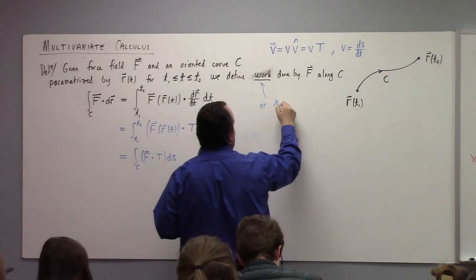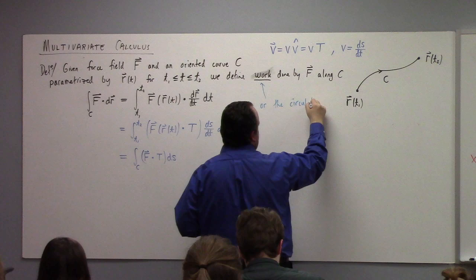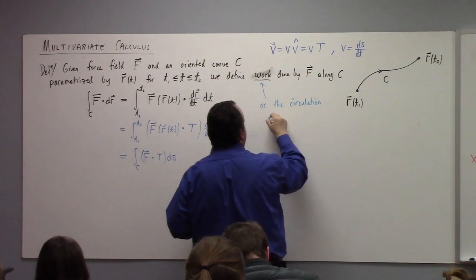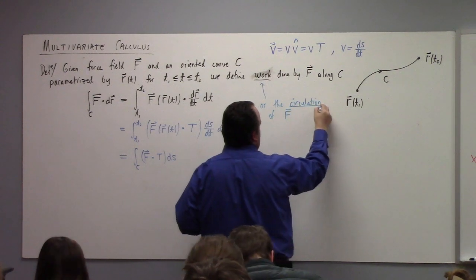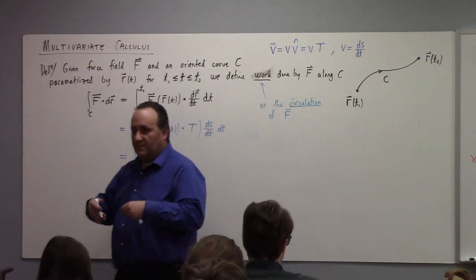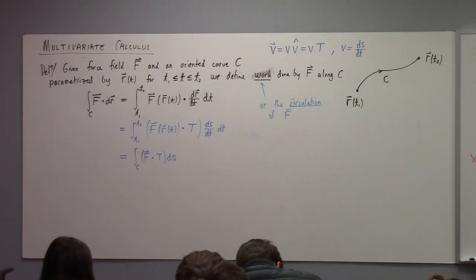Although when we say circulation, that tends to be, to be honest, less used in the context of physics, right? When we're thinking of F as being a physical force, we don't often say circulation as much.